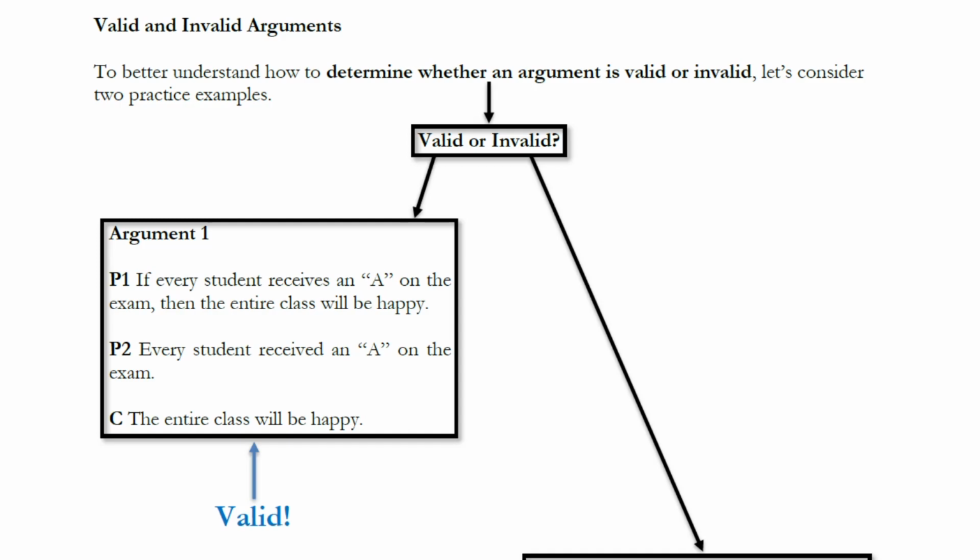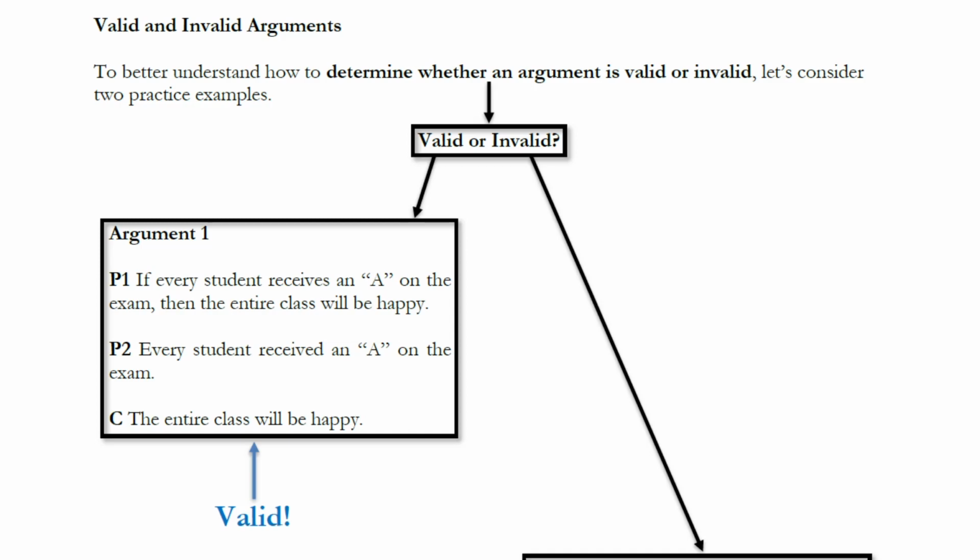If we assume that getting an A on the exam will make the entire class happy, and if we assume that every student received an A, then would it be possible for the entire class to not be happy? And in this case, we should see that it would not be possible. The first premise tells us that receiving an A on the exam is enough to make the whole class happy. The second premise affirms that, in fact, the entire class did receive an A on the exam.